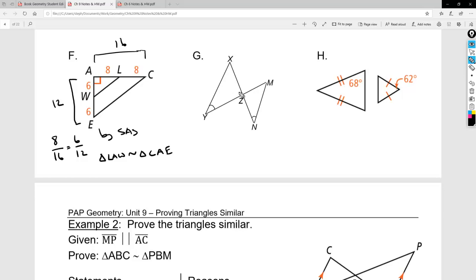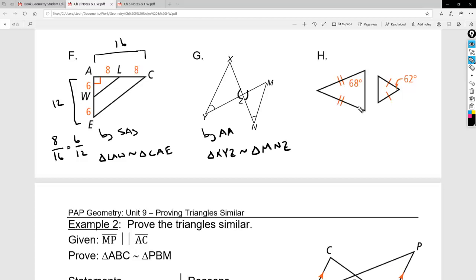Another example here of vertical angles. So I see angle XYZ is congruent to angle MNZ. And I have vertical angles here. So again, by angle, I can say that triangle XYZ is similar to triangle MNZ.